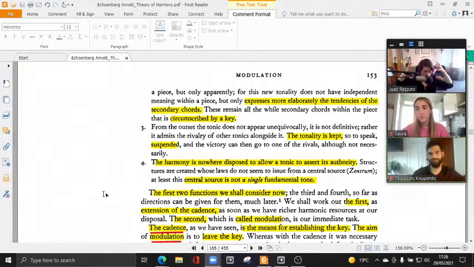From a strong sovereignty, like he says, that power starts to dilute and dilute and dilute, until the tonic loses its power, its weight, its centripetal force. And then, as he says, the harmony is nowhere disposed to allow the tonic to assert its authority. That's what's interesting. You don't allow it to happen.